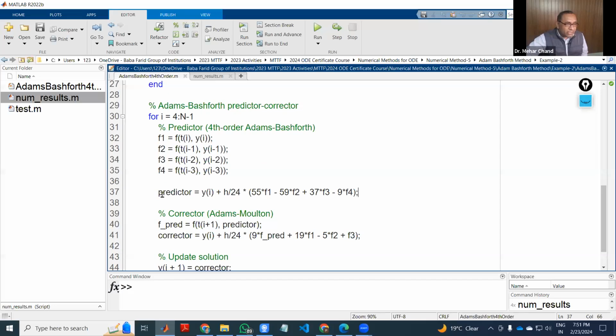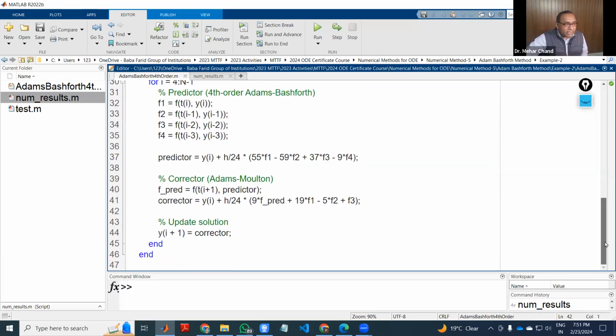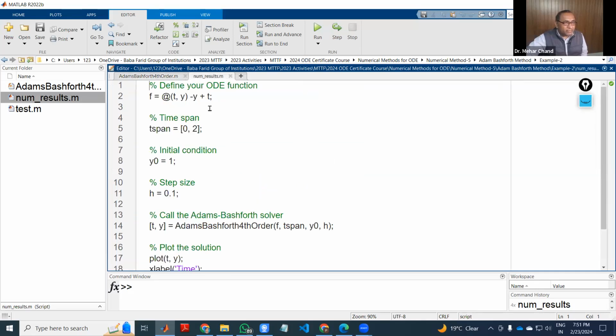You can see that the size of the first predictor equation is now small by breaking it in this way, and similarly the second equation is also small. This is the predictor and this is the corrector. Both equations are there, and at the end you can save the file and run it. The other things are the same.